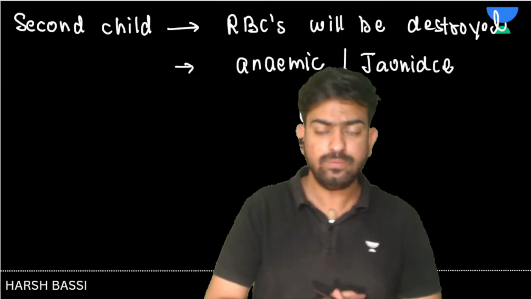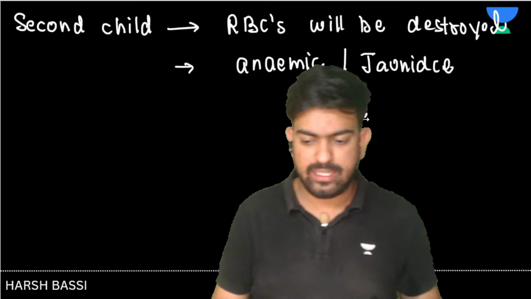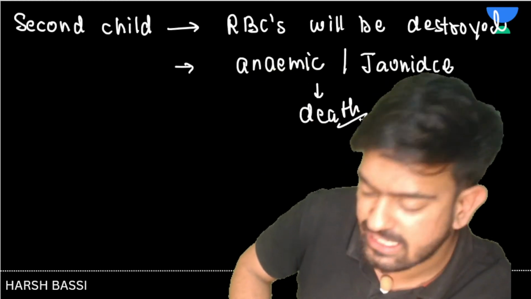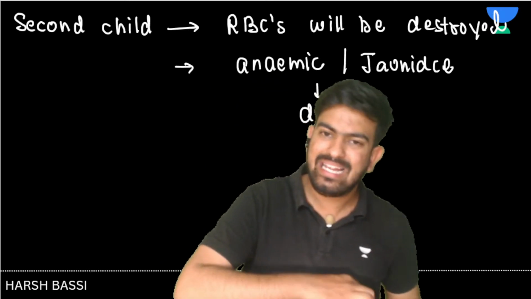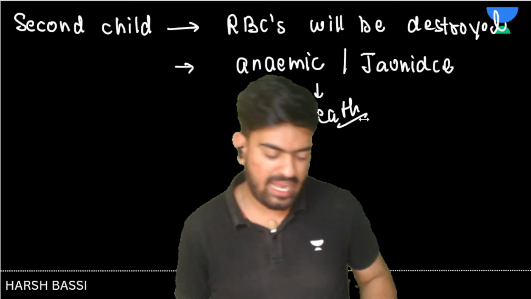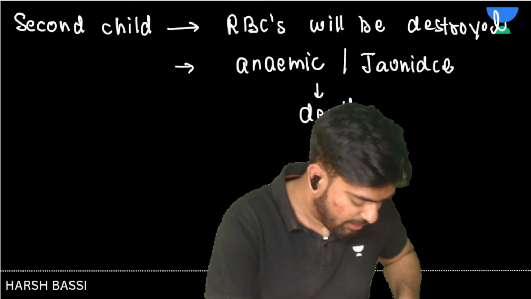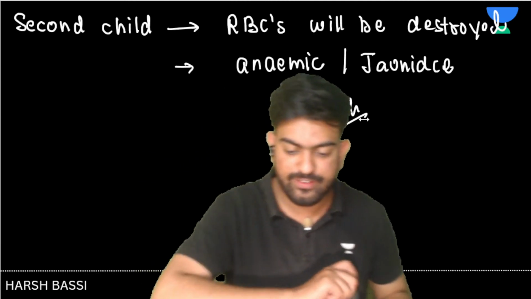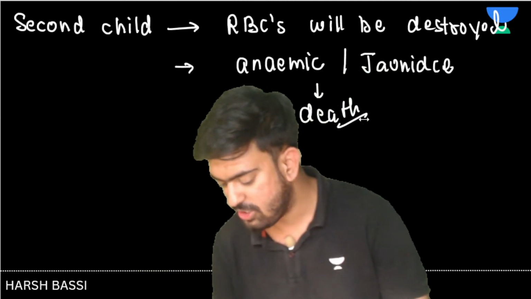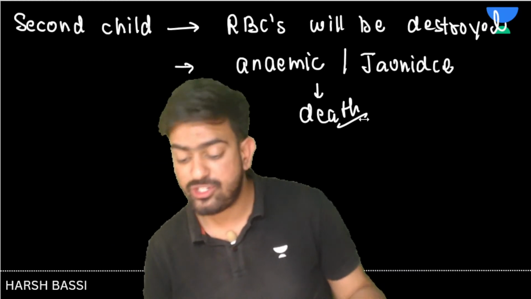So what to do, sir? There is an injection which we can give to the mother right after the delivery, and that can save from erythroblastosis fetalis. Clear to everyone? Okay, great. The injection is what?